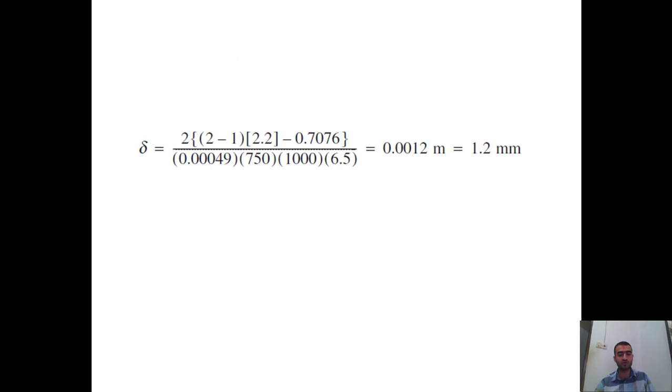We can continue to solve the equation and find the length of the active zone, and here the active zone is only 1.2 millimeter. So only 1.2 millimeter of the column is active, and this active zone keeps moving downwards until the whole exchanger is exhausted.